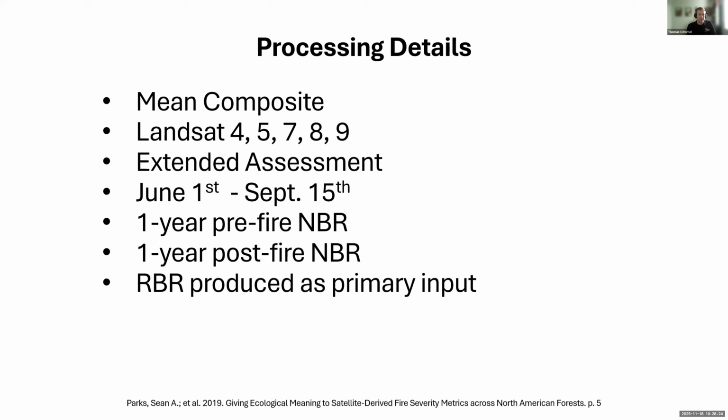It goes through Landsat 4, 5, 7, 8, and 9, produces a mean composite for the June 1st to September 15th period, for 1 year before the fire and 1 year after the fire, and produces that RBR product. It's consistent every year. It's on the leaf-on period, and it's able to produce a consistent and usable product that catches delayed mortality and other differences about the landscape itself.